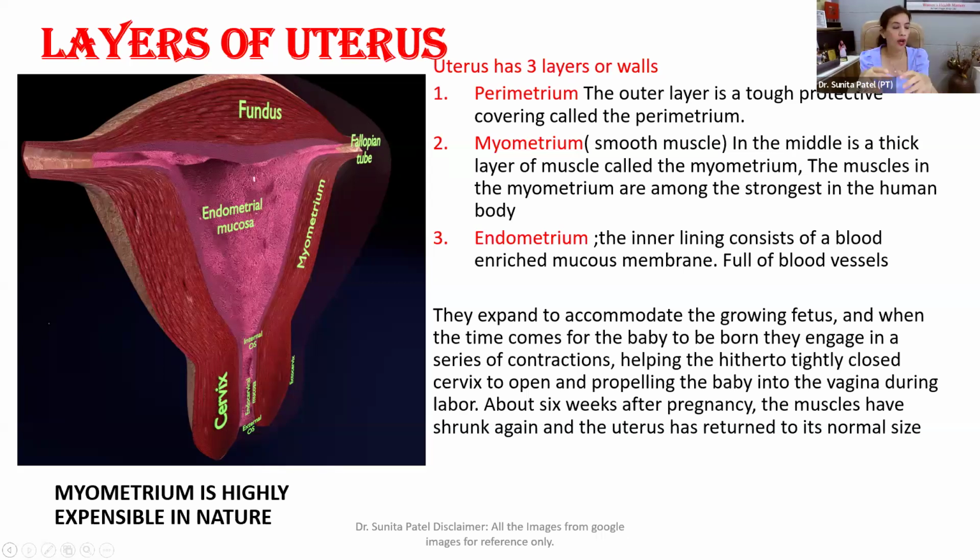It is always better to use contraception. Just take care of yourself. Unnecessarily do not damage your organ. Use contraception. Don't let the pregnancy happen. So this is very important.